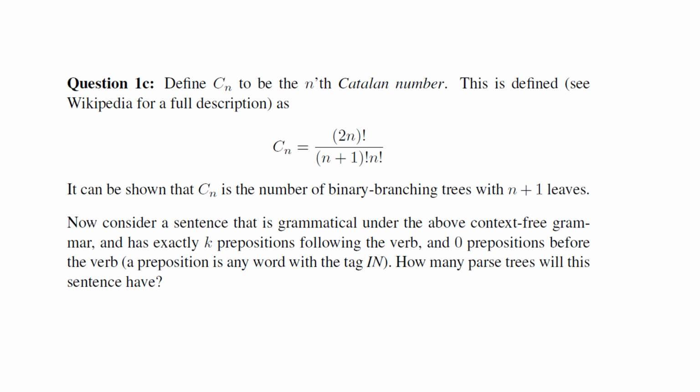And the answer is, k prepositions after the verb leads to a noun phrase after the verb that is equivalent to a binary branching tree with k+1 leaves. So we have Ck parse trees. We obtain this number just by replacing n with k. So the answer is (2k)! over (k+1)! times k!.